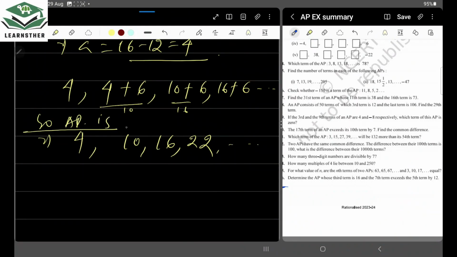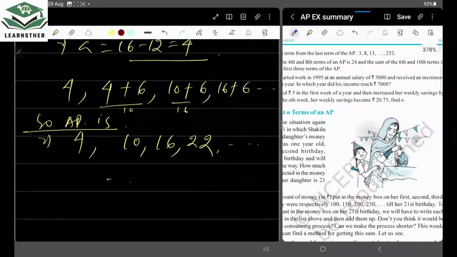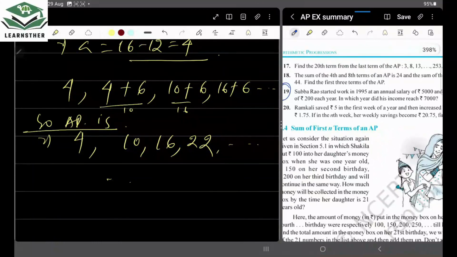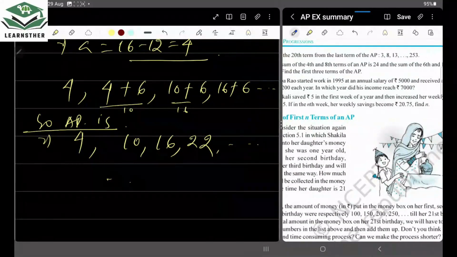Okay, so the AP is this. See this question: Subbarao started work in 1995 at an annual salary of 5,000 and received an increment of 200 each year. In which year did his income reach 7,000?